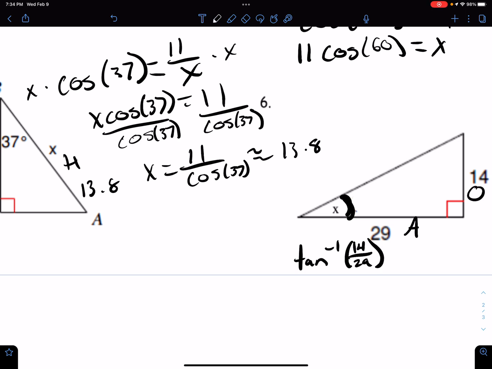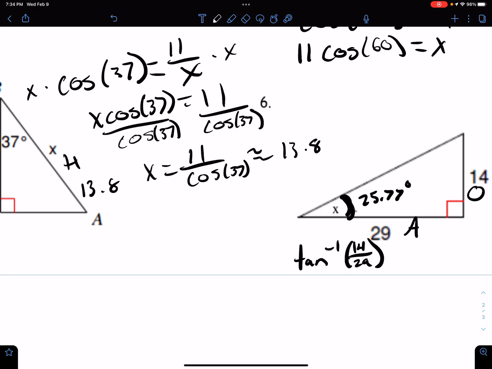Let's do that. Arctan of 14 divided by 29. And that's going to be roughly 25.77 degrees.